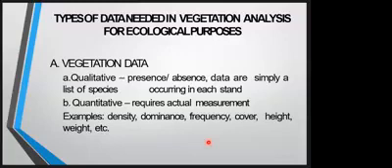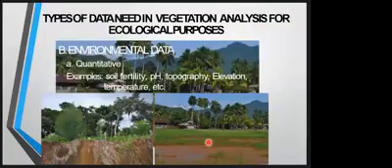So before that, let's have another type of data needed in vegetation analysis, the environmental data. Specifically, when you say environmental data, it talks about soil fertility, pH, topography, elevation, temperature, and many more.